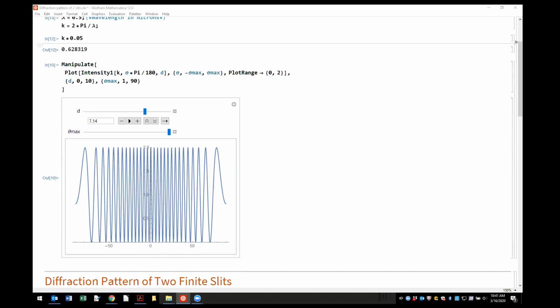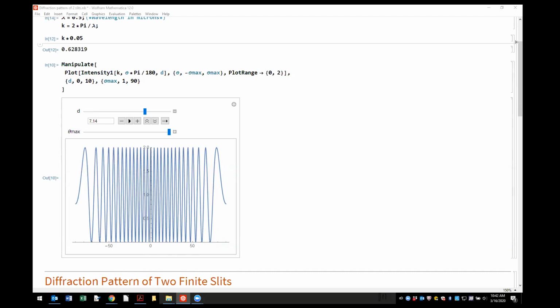So the condition was that we get destructive interference if k d sine theta equals 2 pi times m plus 1/2, or d sine theta equals m plus 1/2 lambda. So we get destructive interference when sine theta equals m plus 1/2 times lambda over d. Now, eventually, if we make m really large, we're going to have that sine theta is greater than 1. This condition can't be satisfied at all angles.